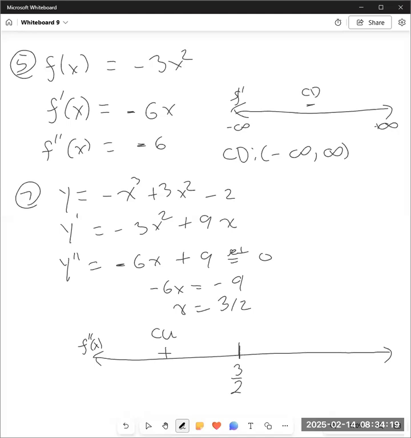Negative 6 times 2 is negative 12. Negative 12 plus 9 is negative 3, which makes this side concave down. So we're concave up from negative infinity to 3 halves. Again, open intervals here. We're concave down from 3 halves to infinity.